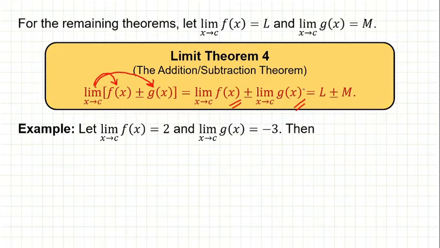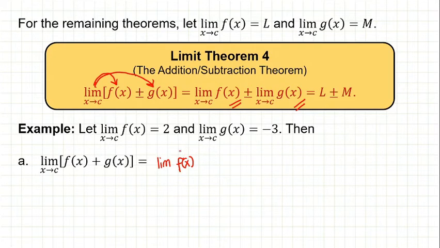Suppose we have the limit of f of x as x approaches c equal to 2 and the limit of g of x as x approaches c equal to negative 3. Then, let's try this one. So according to the theorem, we can just distribute the limit. So we have here the limit of f of x.